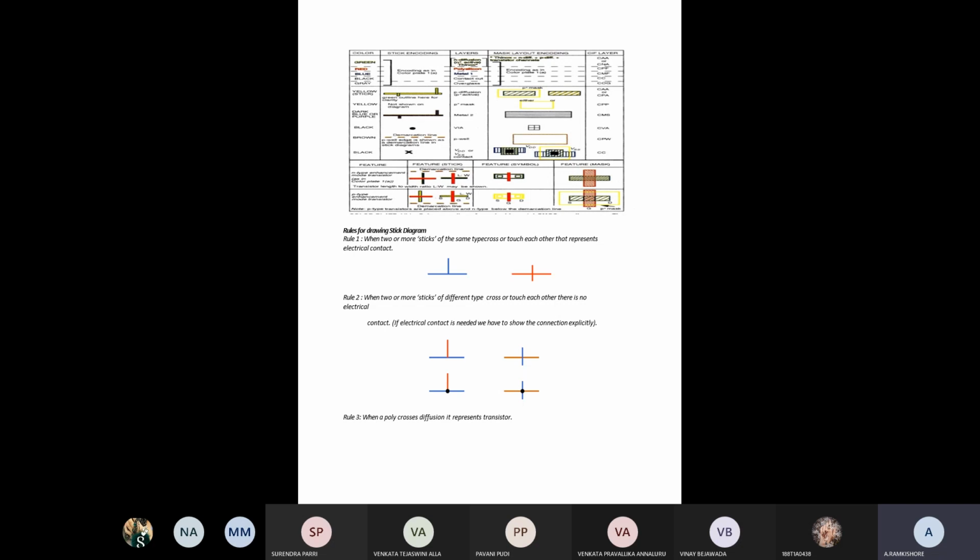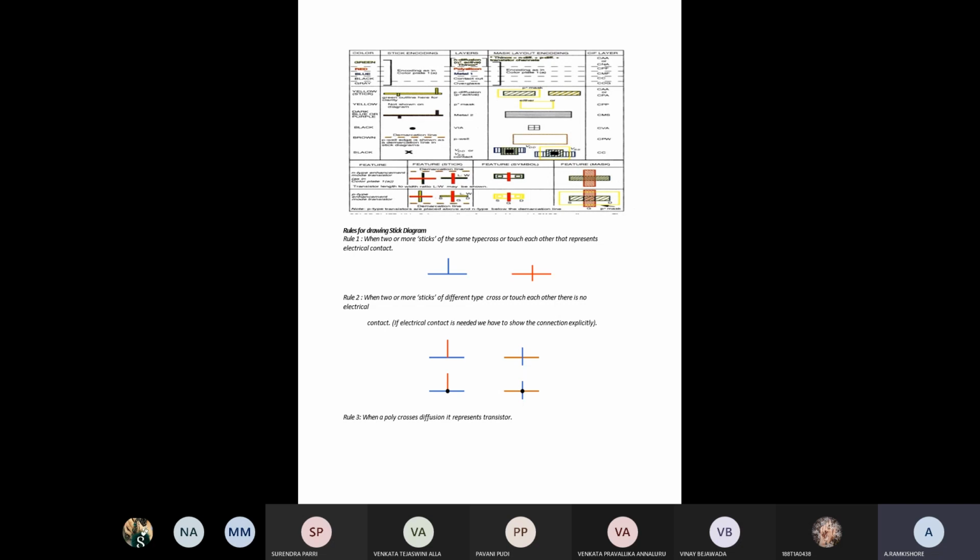Rule number one is, when two or more sticks of the same type cross or touch each other, that represents electrical contact. For example, when we are using two colors, it may be diffusion or polysilicon, or metal, whatever it may be.